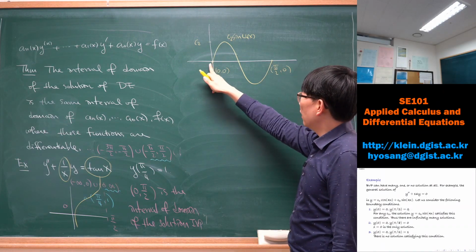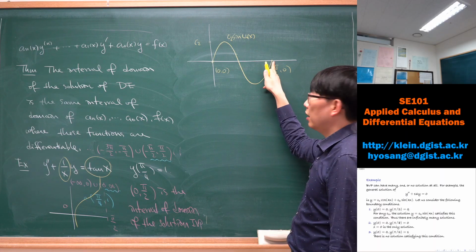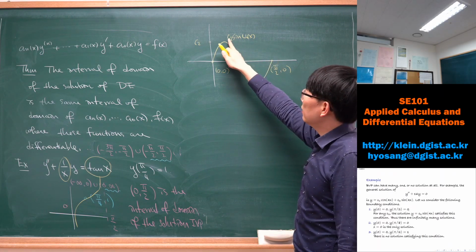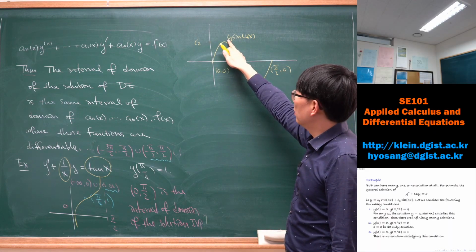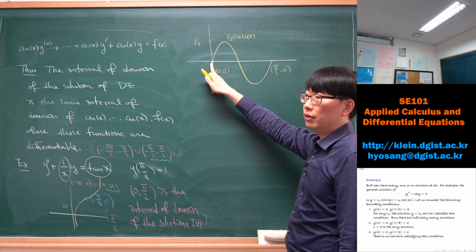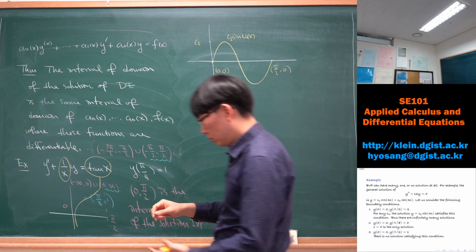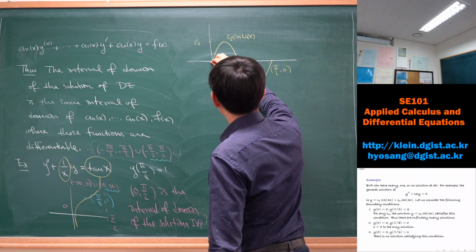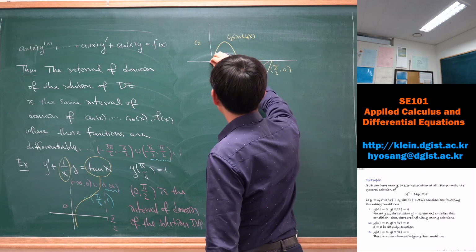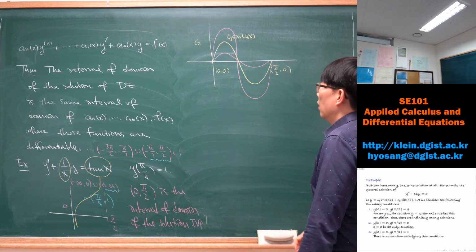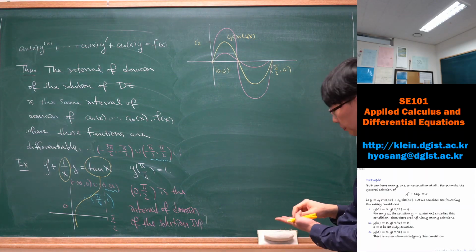It's 0 at x equals 0 and also 0 at x equals pi over 2. However, I can take any amplitude to satisfy this boundary value problem. So there are infinitely many solutions. It can be a small amplitude, it can be a big amplitude sinusoidal curve, and there are infinitely many solutions.